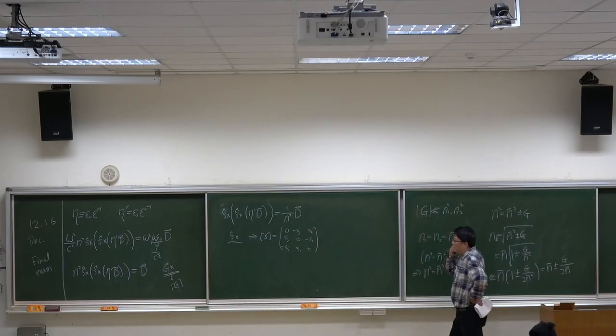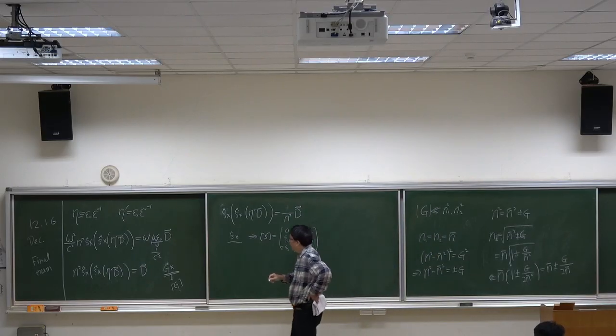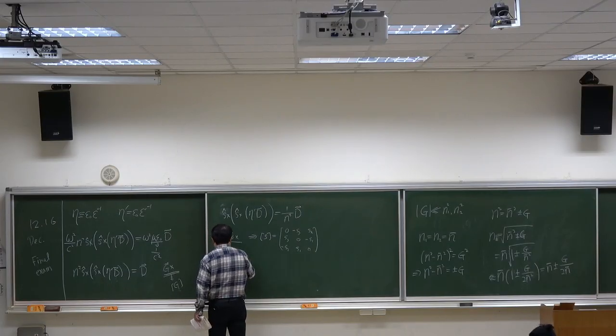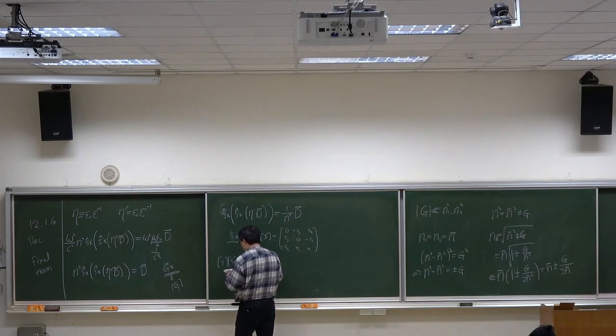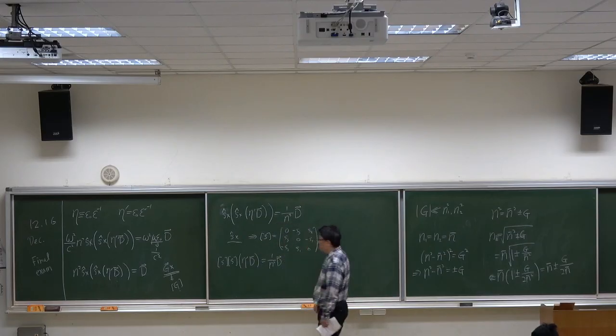Okay. So this means that S matrix times eta prime d is equal to 1 over n squared d.